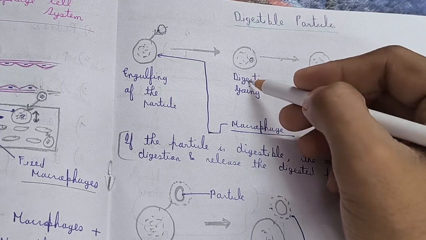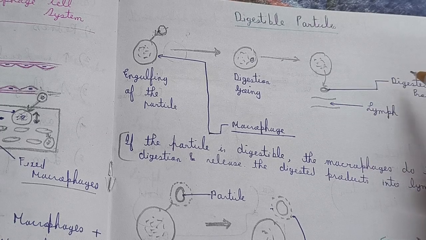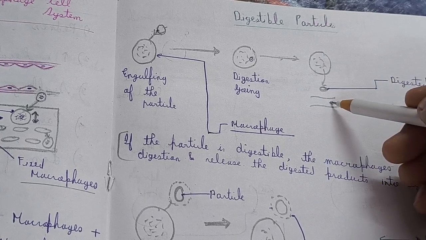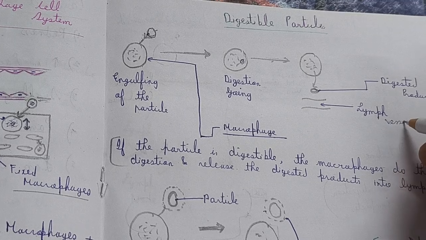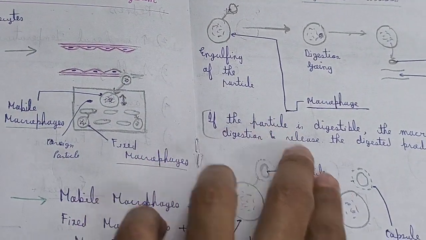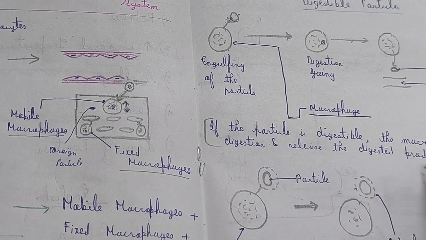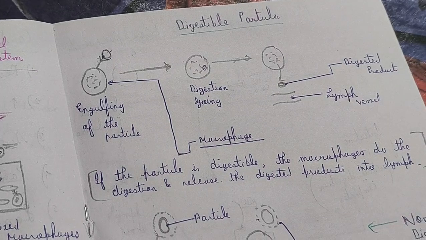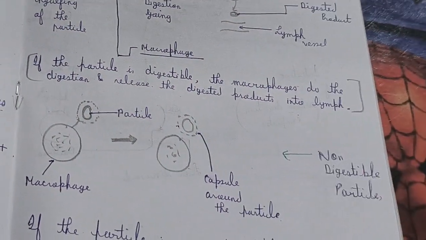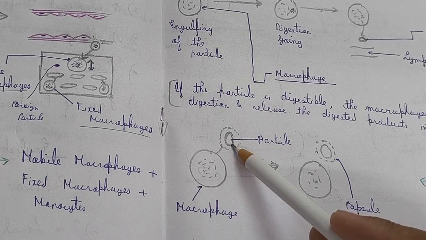Inside the macrophage, digestion is going on, and finally after the digestion, the digested product is released into the lymph vessel. This is written in the book also: if the particle is digestible, the macrophages do the digestion and release the digested products into lymph.